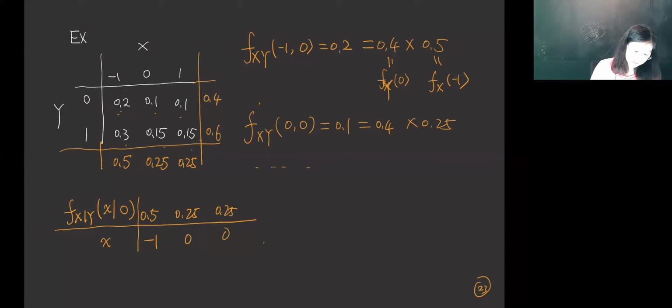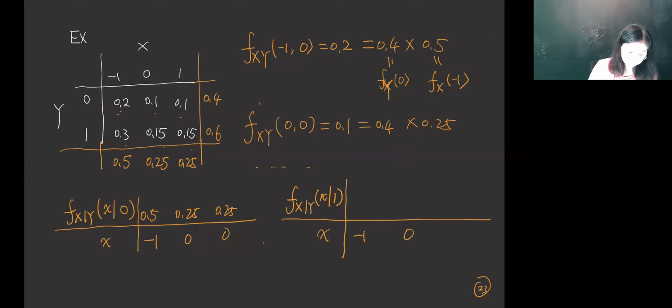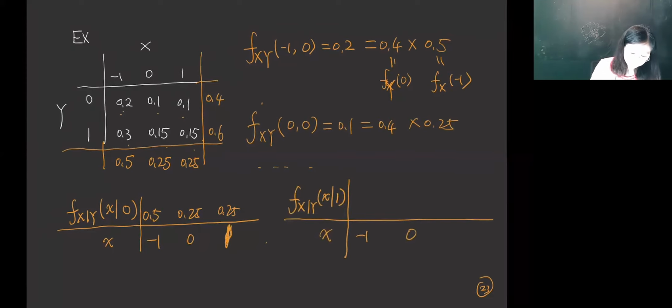You can do the same for f of x given y, little x given that y equals 1. Now we simply look at the second row of the joint PMF, and divide the second row by the marginal PMF of y at the value 1.